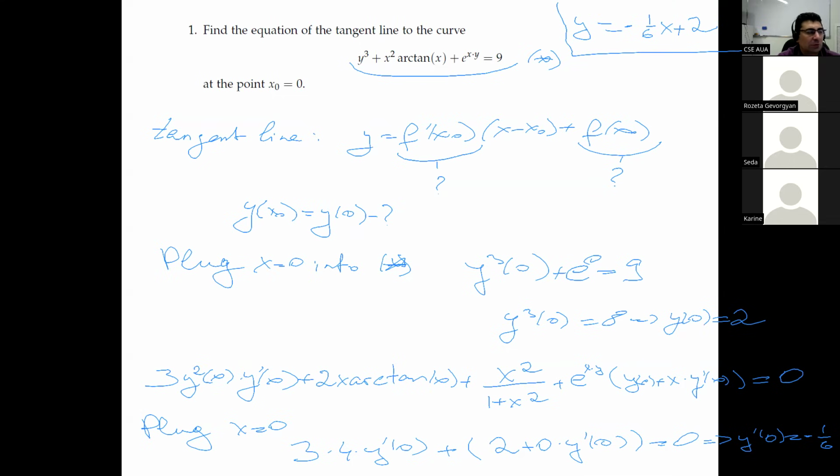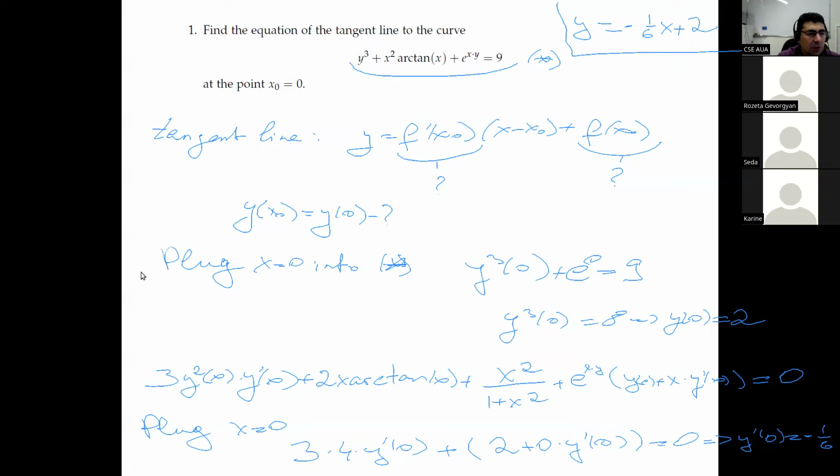I was just wondering if we don't write it, will it be considered wrong? No, that's fine, it's up to you. Like in our equation, y is written without x. We have y cubed and not y of x cubed. I just wrote x to stress that y is a function of x, but you can skip all these brackets and x inside. That's fine. Okay, thank you.